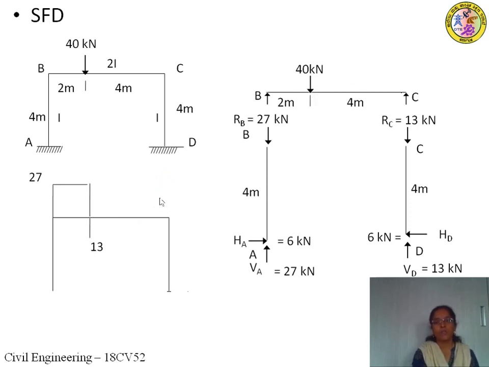So this is the shear force to the right of E. Next, shear force to the left of C. We don't have any forces in between right of E to left of C, therefore shear force will be constant. And then shear force to the right of C, we have an upward force of 13 kilonewton. So minus 13 plus 13, it will be 0. Okay, so now we will draw it for the vertical members.